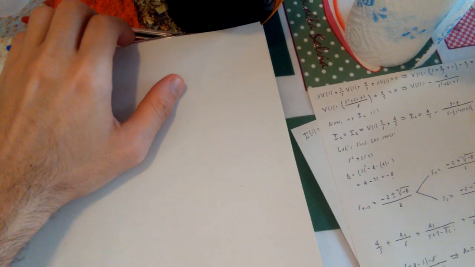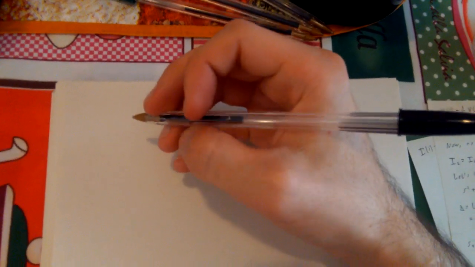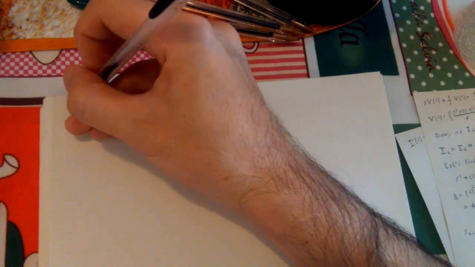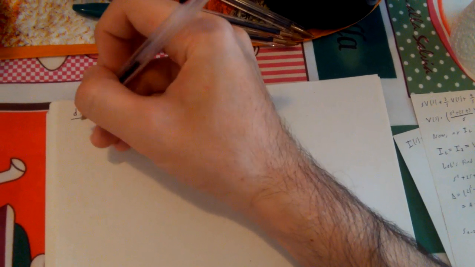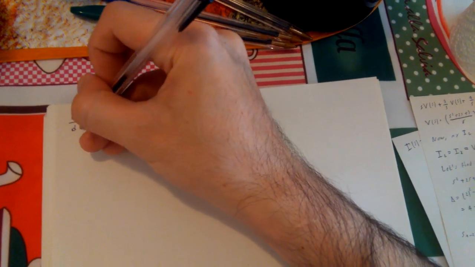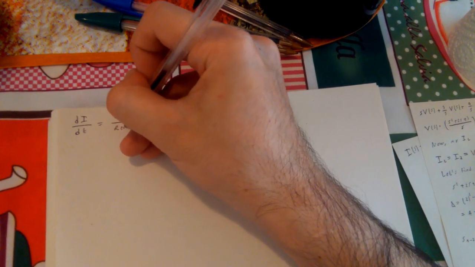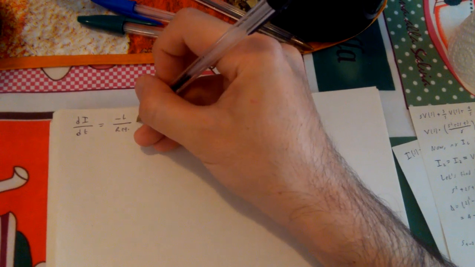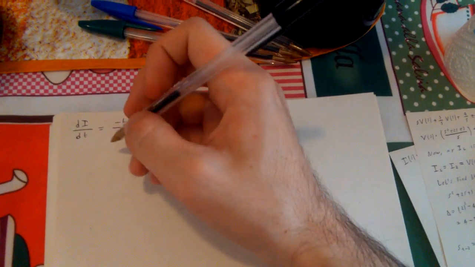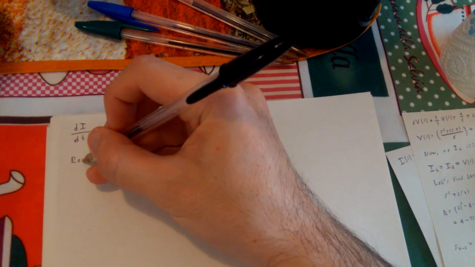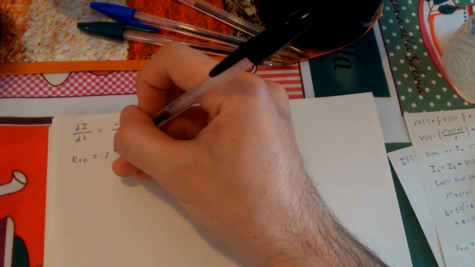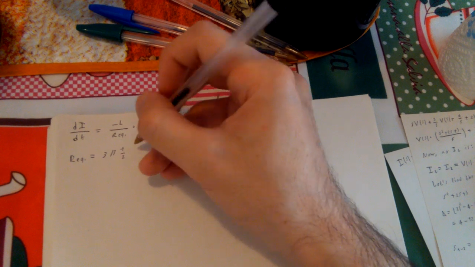So we will have this LR circuit, which I'm not going to solve with Laplace once again, because we can get a differential equation which is fairly easy to solve. But for the sake of getting my video right, we will have di/dt equal to negative R over L, R equivalent, times i, because it's an LR circuit, where R equivalent is actually 3 in parallel with 1/2.